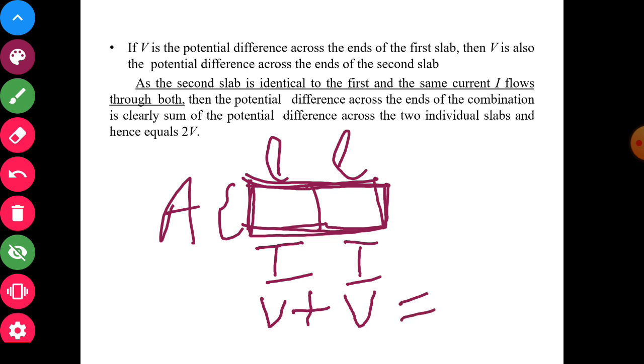Therefore the total potential across this combination will be equal to 2V.